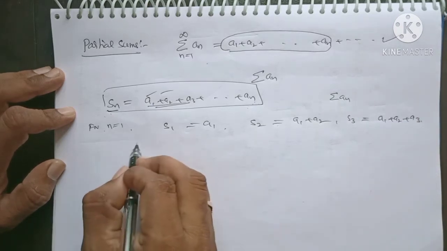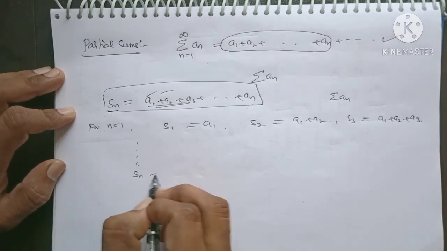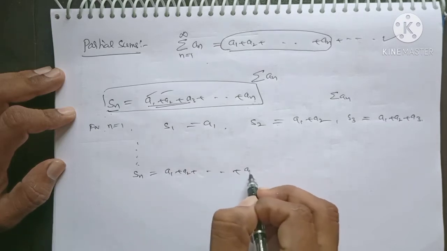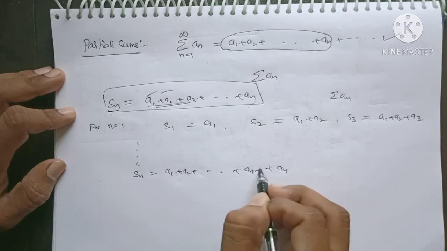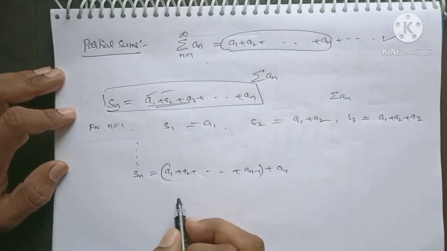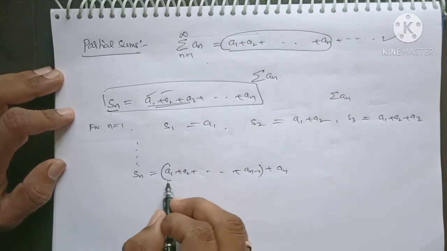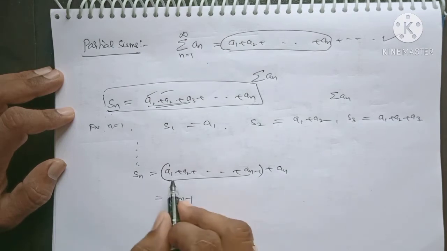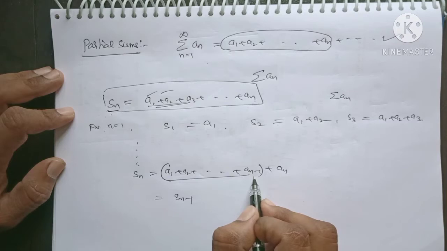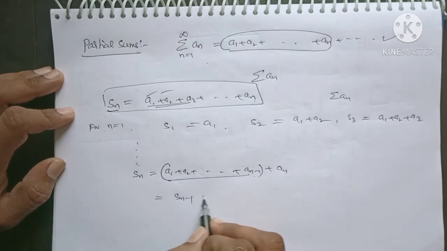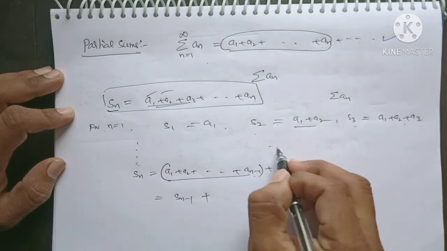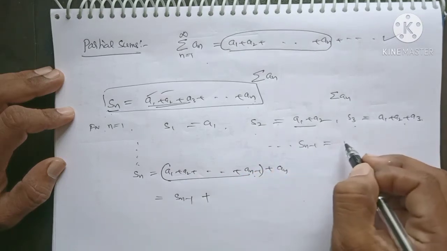In general, Sn is equal to a1 plus a2 plus and so on an minus 1 plus an, n terms. The sum a1 plus a2 plus up to an minus 1 is denoted by Sn minus 1, because S2 has 2 terms, S3 has 3 terms and so on. Sn minus 1 means n minus 1 terms.